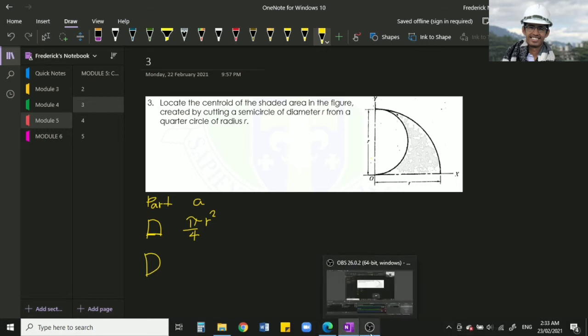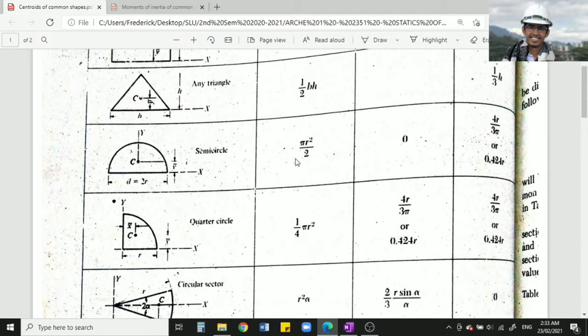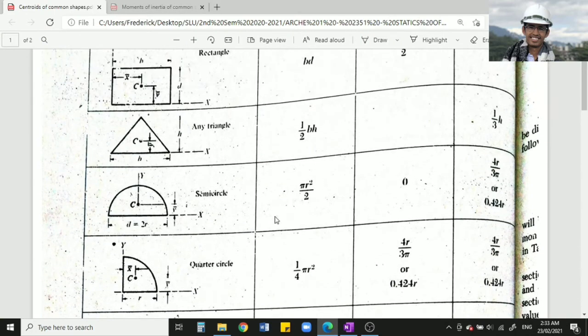I-denote natin as negative yan. So ano yung area ng ating semicircle. So that will be pi r squared over 2. Okay? So yung r natin or yung diameter natin is equal to 2r.